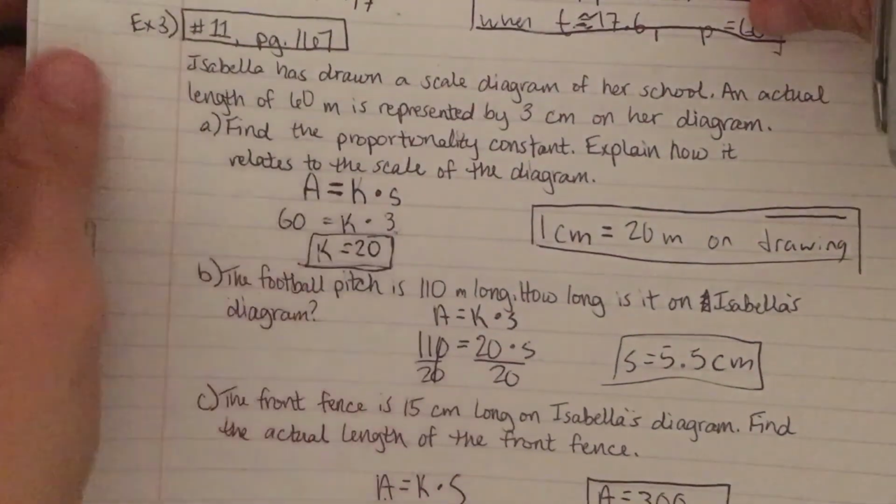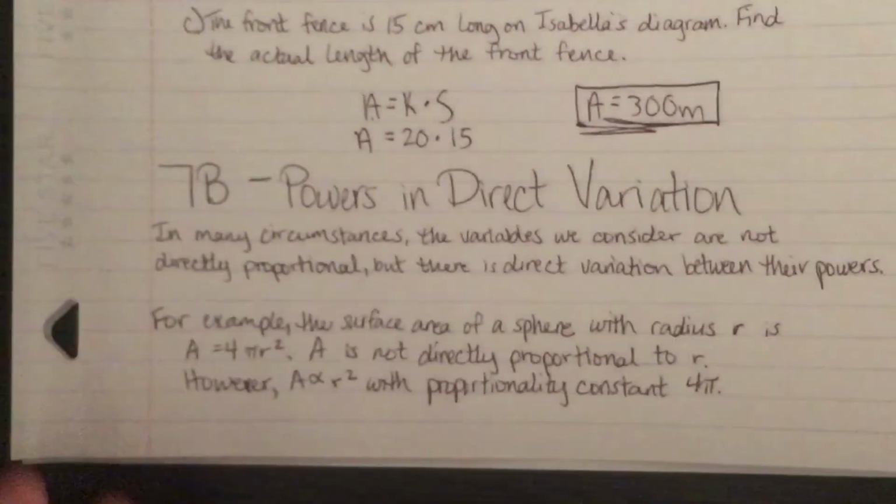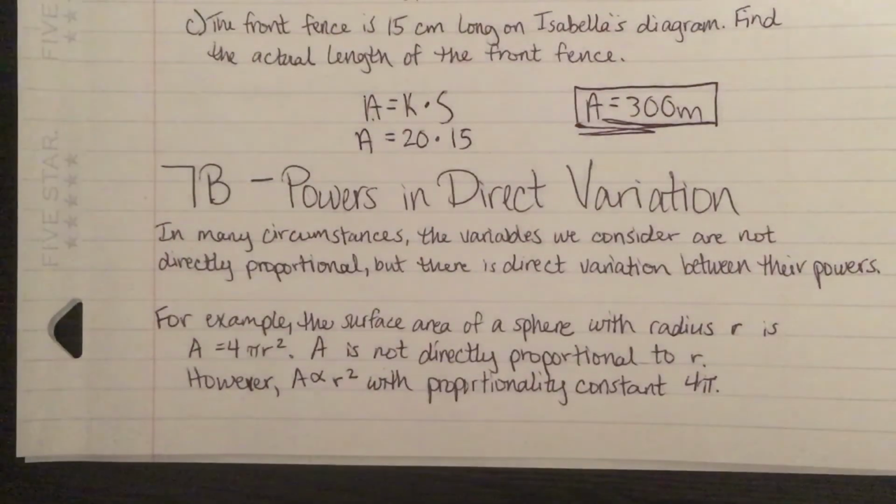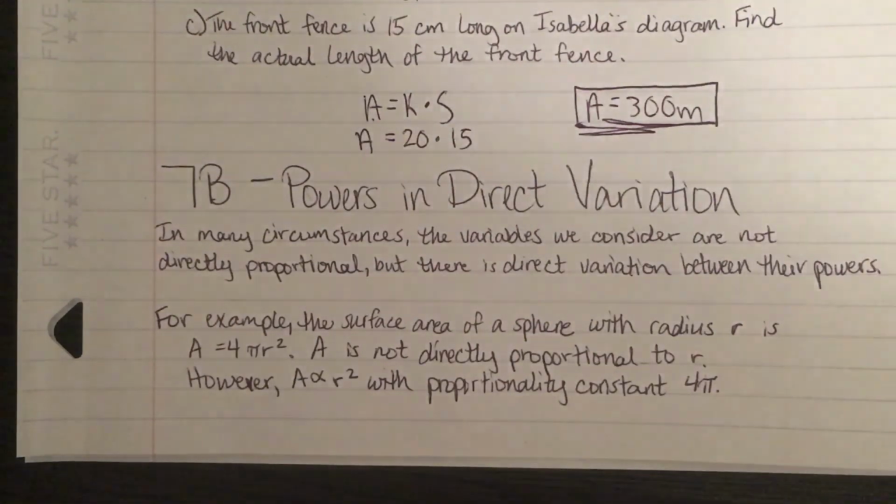So we're going to go into section 7b, and what we're going to look at is that occasionally we'll be dealing with direct variation when there are powers, where there are exponents present. And so in many circumstances here, the variables we consider aren't always directly proportional, but there is sometimes direct variation between their powers or between their exponents.